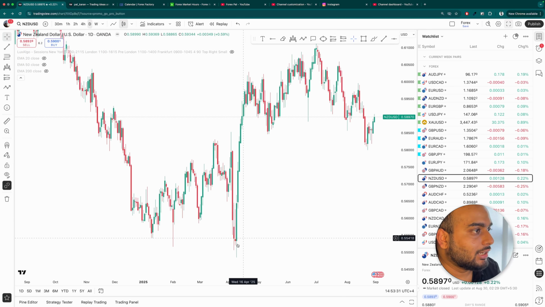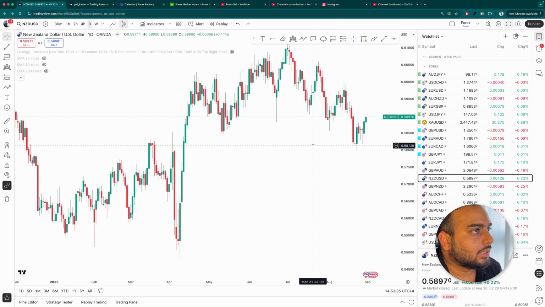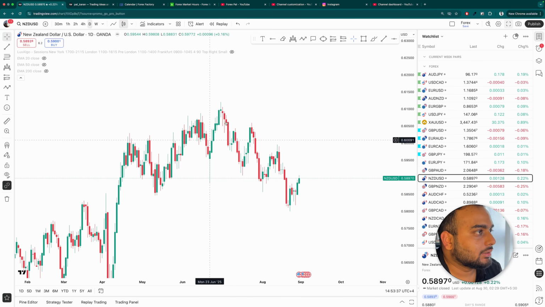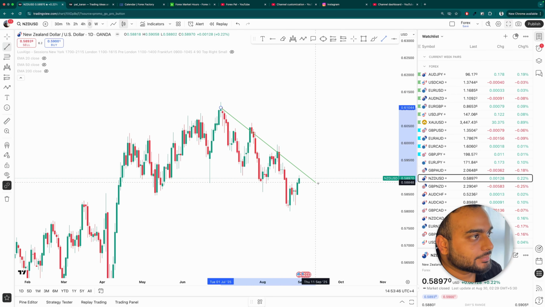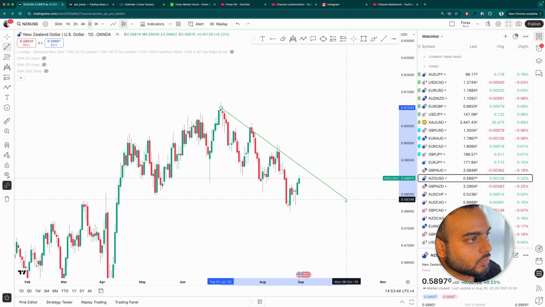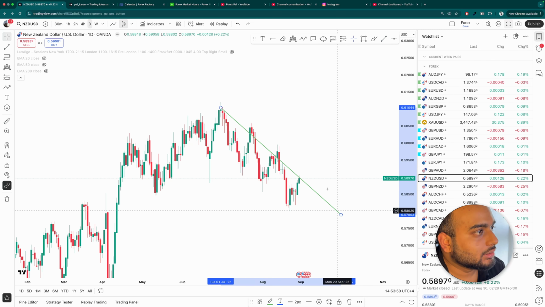So initially we had a really nice move to push up, and then it started following a trend. Okay, so this is already a bearish trend. So we can do something maybe like this. Move this line here.